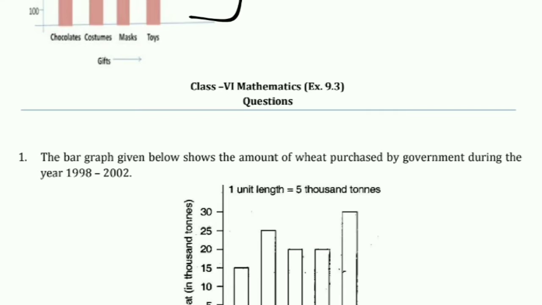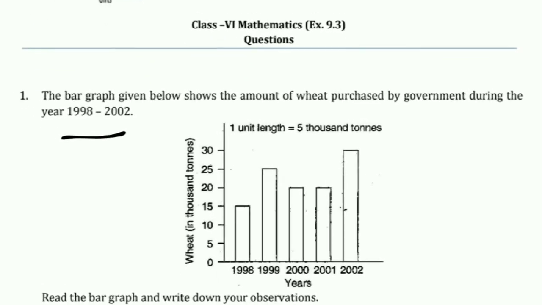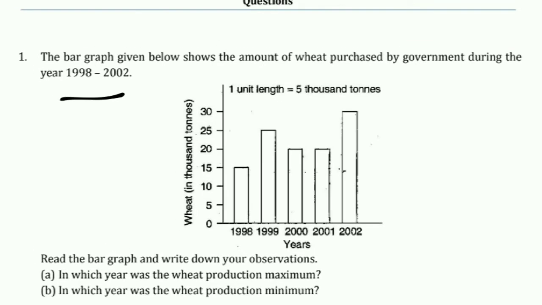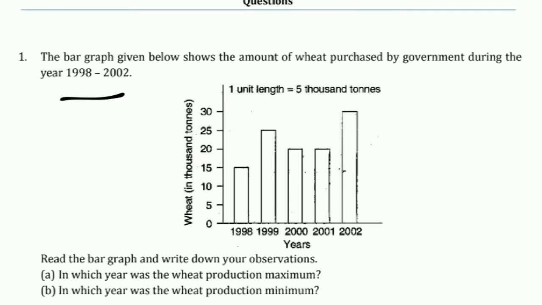The bar graph given below shows the amount of wheat purchased by the government during the years 1998 to 2002. So here information is given. We have to find out the answers of these questions.